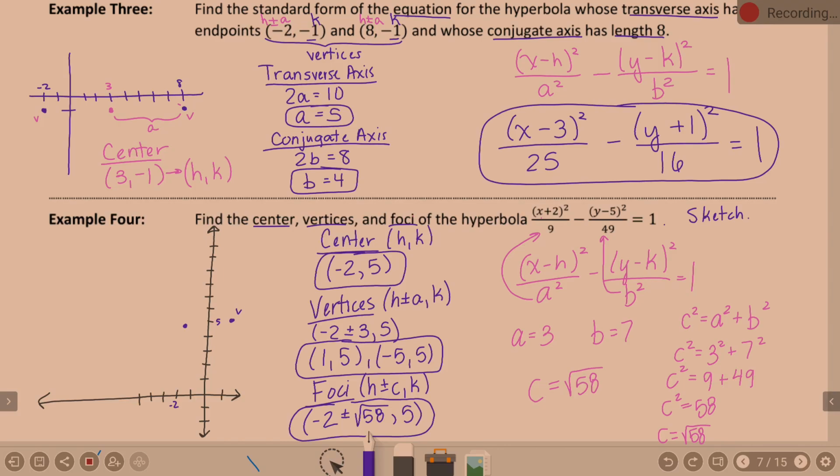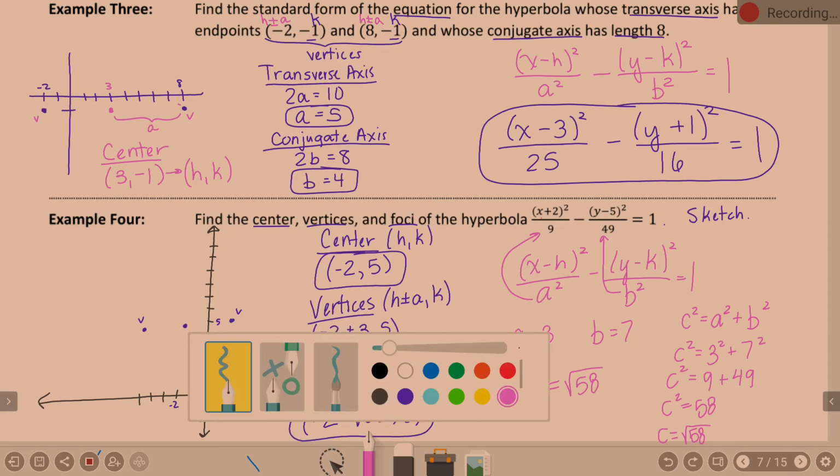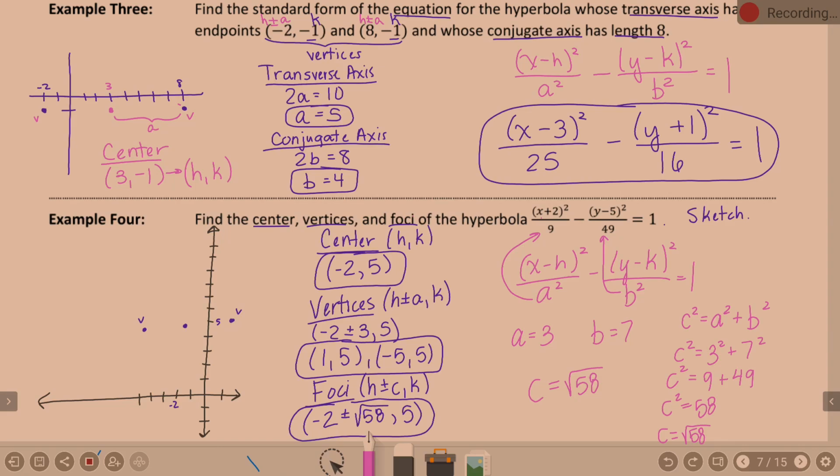Now, we had found the vertices here. How else could we have plotted those vertices? What's the other connection? Besides the fact we had found those vertices, from the center out to a vertex, what is that value?